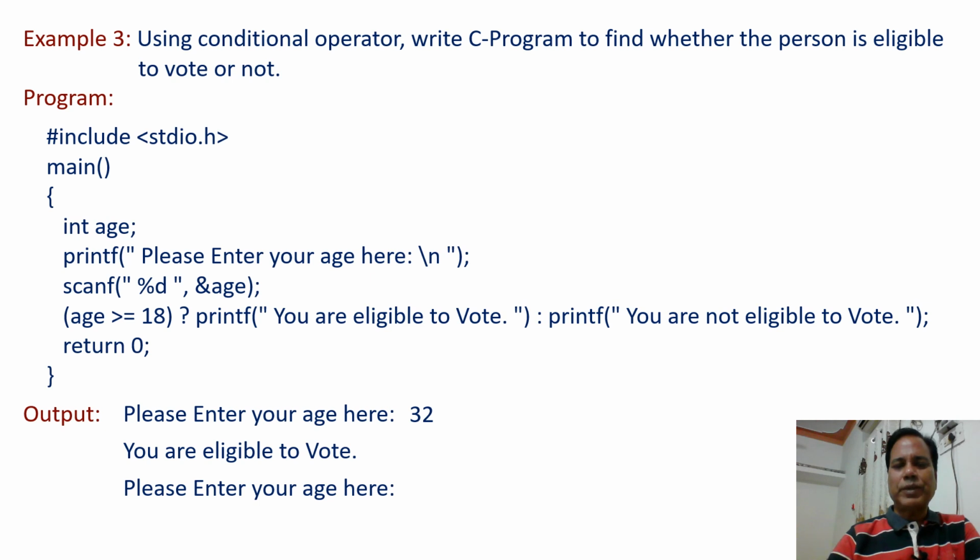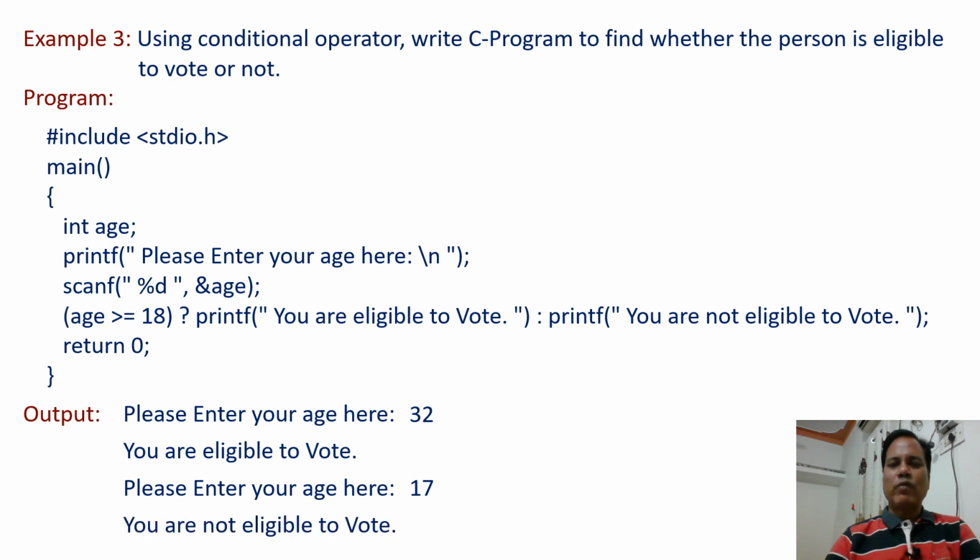Now next, please enter your age here. When we run it the second time and enter the age 17, naturally the condition is going to be false. So the second printf statement is executed and we get the output as you are not eligible to vote.